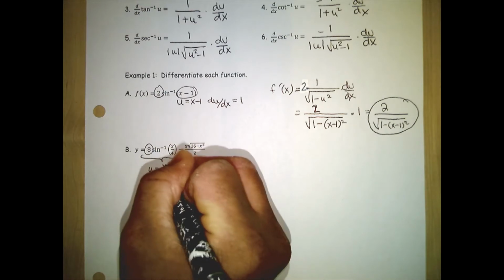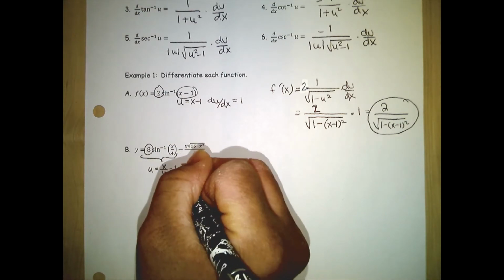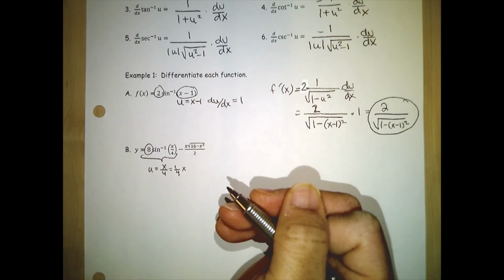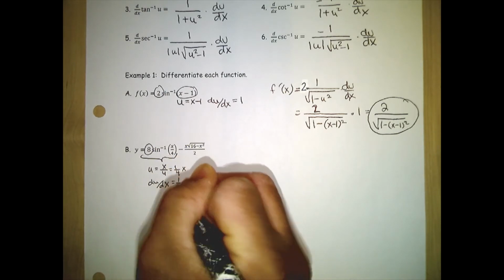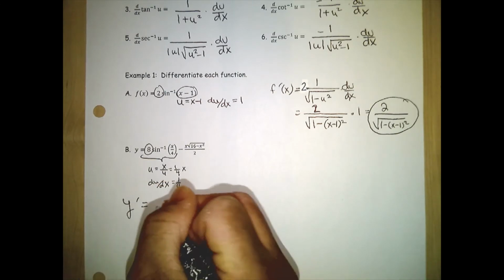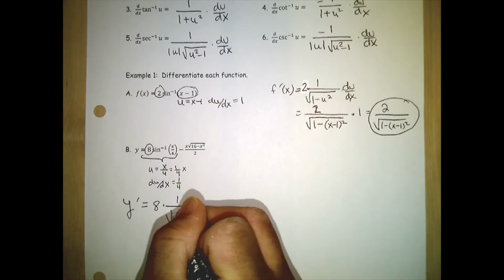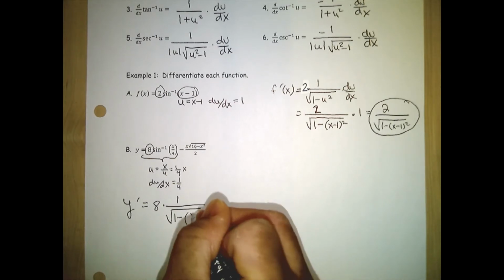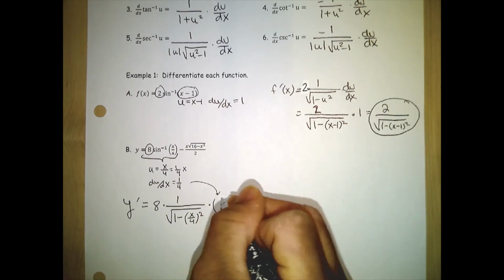So the u is x over 4, or 1/4 x, however you want to write that. So du/dx is 1/4. So y prime will be 8 times 1 over the square root of 1 minus u squared, so 1 minus (x over 4) squared, times du/dx, which is 1/4.